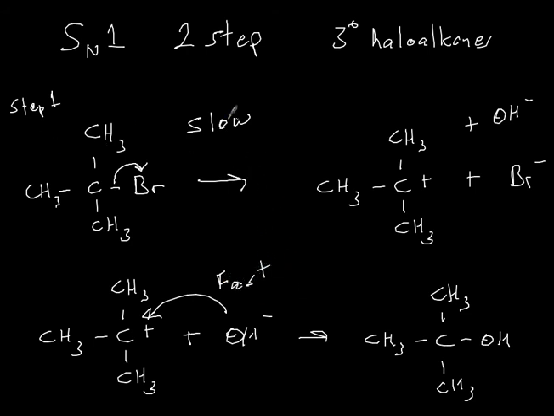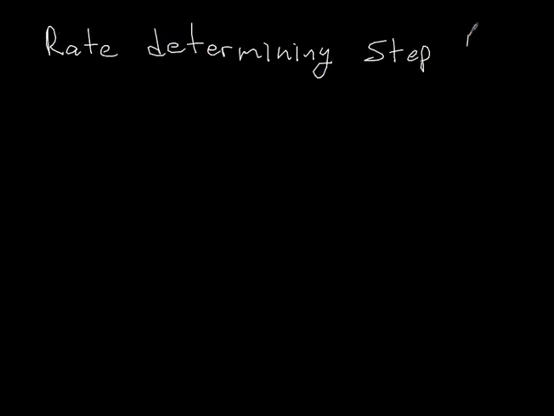And so the first step, the slow step, is the rate determining step. The slow step determines the rate of the reaction. And so let's write that down. The rate determining step. This is the slow step in the chemical reaction, is the rate determining step.